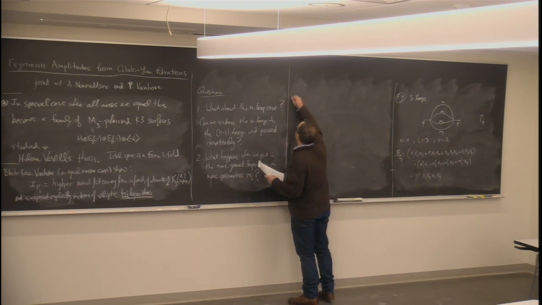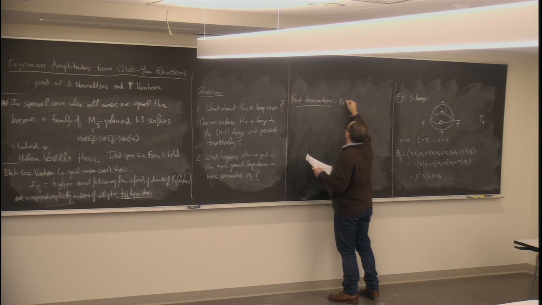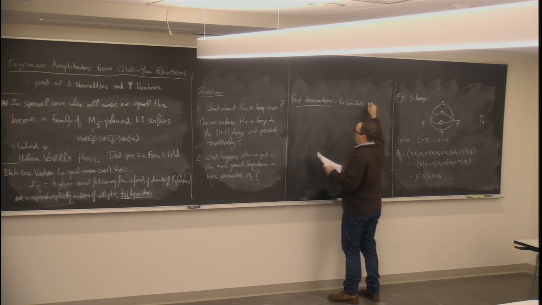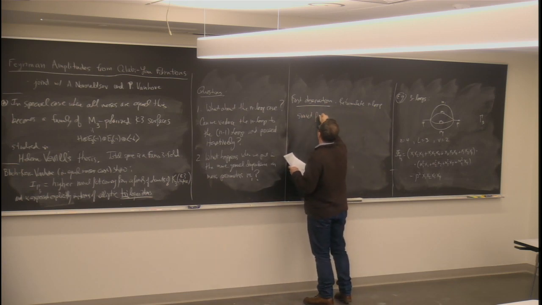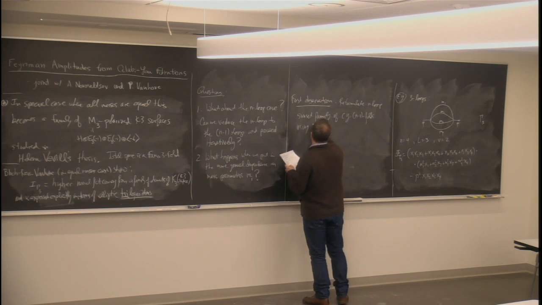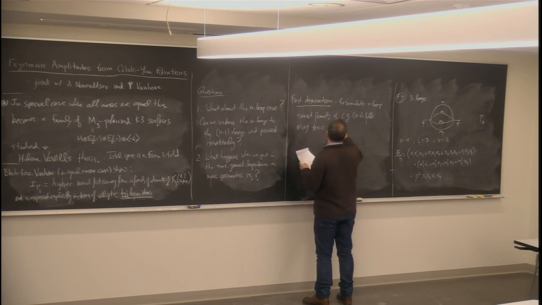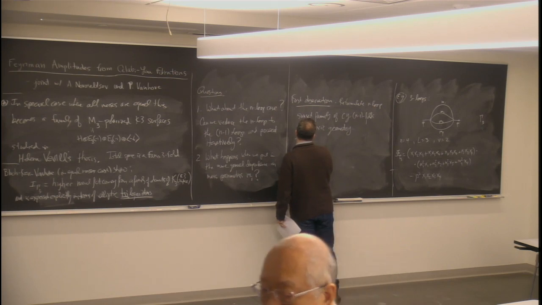So the first observation is to reformulate the n-loop sunset family of Vanhove one-folds using toric geometry. Okay. So the first step of that is just to pass to the polytope.